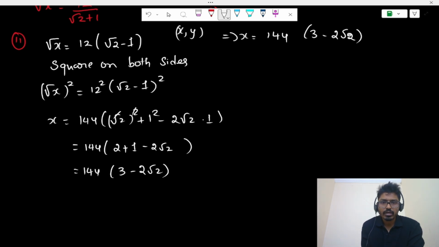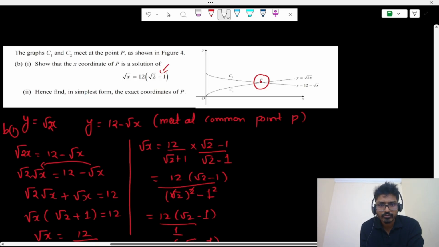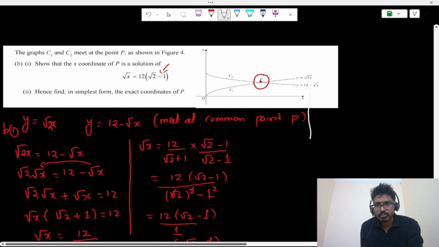And then to find the y coordinate, we know what our y is from the equation. So y is equivalent to 12 minus root x.